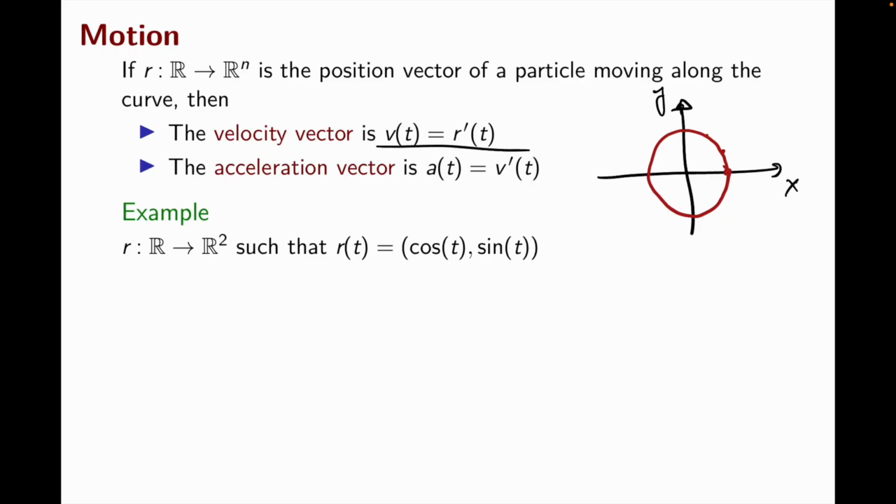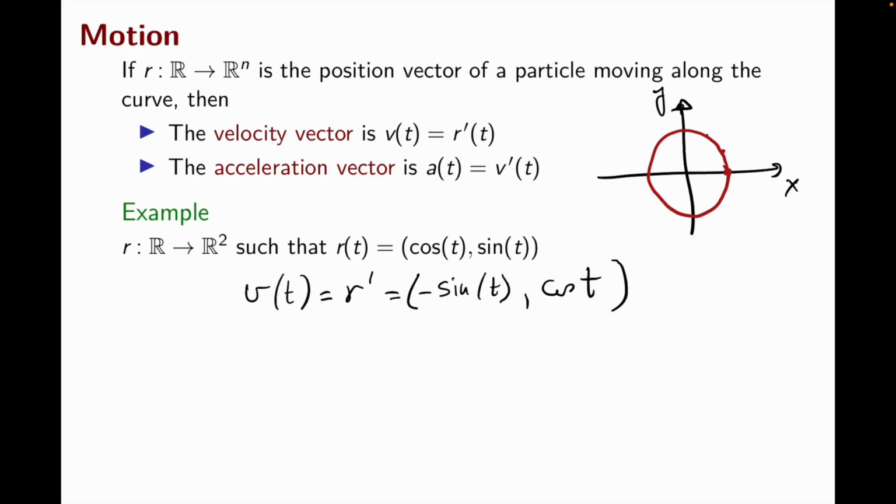To calculate the velocity, we need to calculate the derivative. So the velocity is going to be equal to the derivative of this function, which is the derivative of cosine, which is minus sine, and the derivative of sine, which is cosine. So this is the velocity vector for each value of t, and we can evaluate this vector at different points.